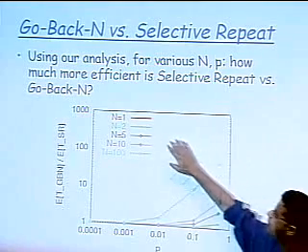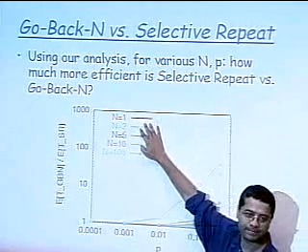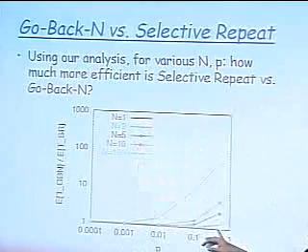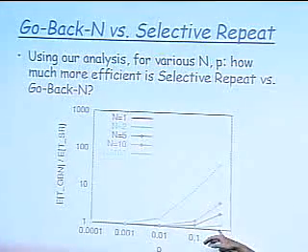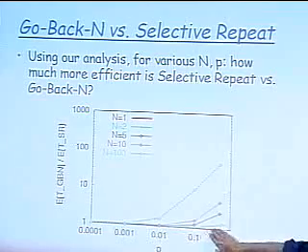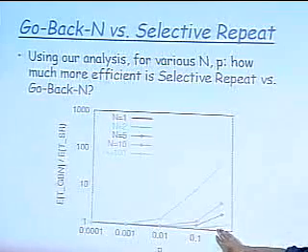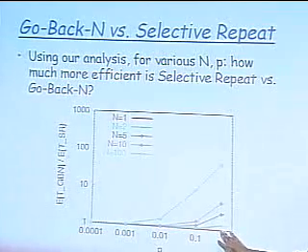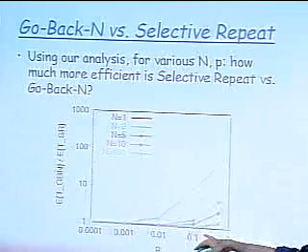So if your window size n was 1, then selective repeat and go back n are no different, right? If your window size is 1, then it doesn't matter whether you're implementing go back n or selective repeat, the performance would be the same, and that is shown by this red curve. The ratio is always going to be 1.